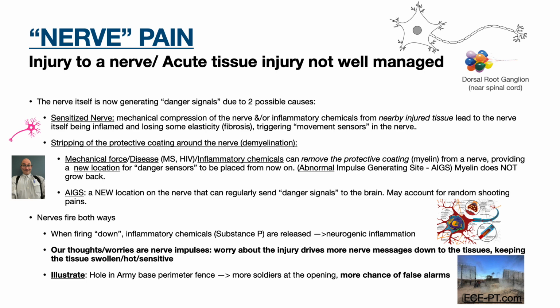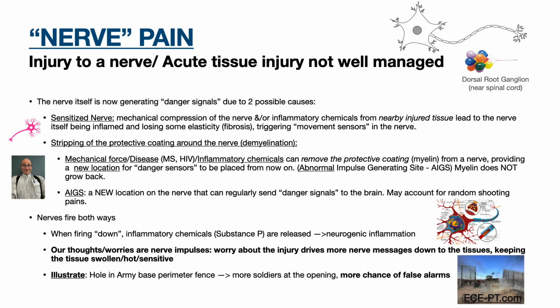And that myelin helps with the conduction of the nerve. But if that myelin is removed from injury or perhaps even from a disease like multiple sclerosis, HIV, that myelin does not grow back.